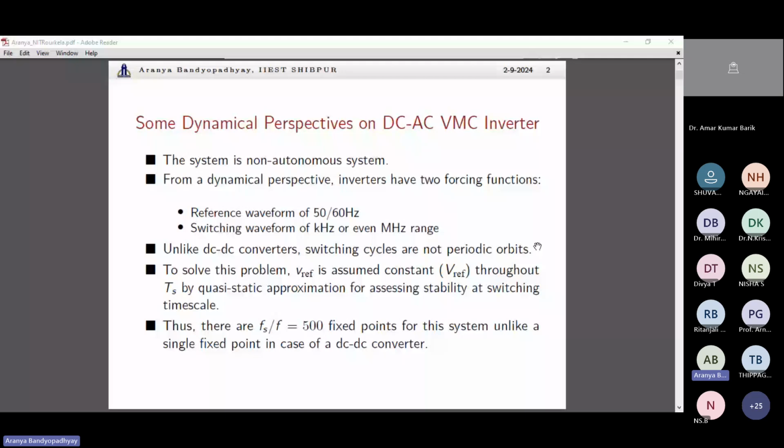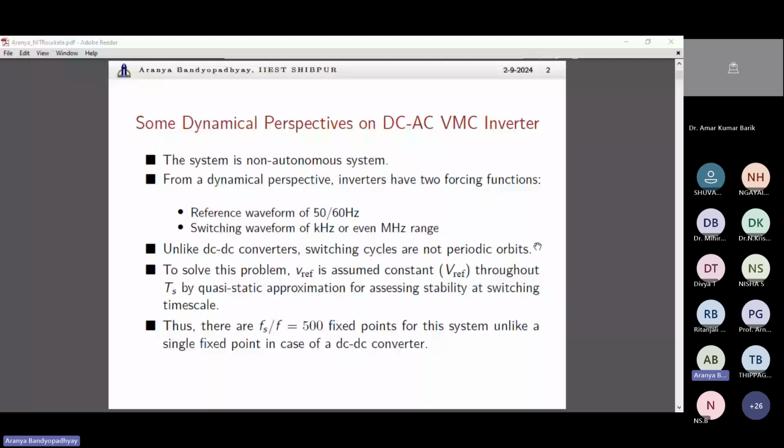In addition to that, in case of the DC to AC inverter, there is also another forcing function, which is the 50 Hz or 60 Hz, which basically comes through the reference waveform. So we can now safely say from a dynamical perspective, inverters have two forcing functions: the reference waveform of 50 or 60 Hz and the switching waveform of kilohertz or even megahertz range these days due to the implementation of gallium nitride devices.